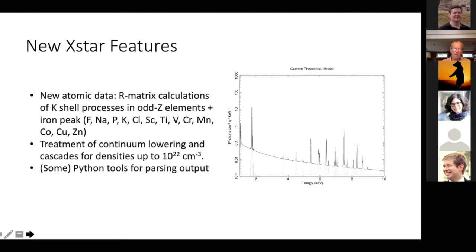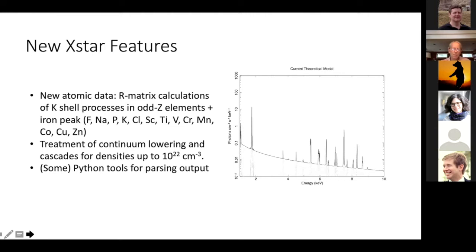So these are all the odd Z elements above oxygen, plus all the iron peak elements other than iron and nickel, which had also previously been treated. So this basically results in a doubling of the volume of atomic data in the XStar atomic database, and hopefully these things will be useful for future observations with future instruments like CRISM and Athena.